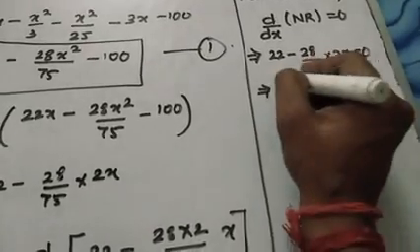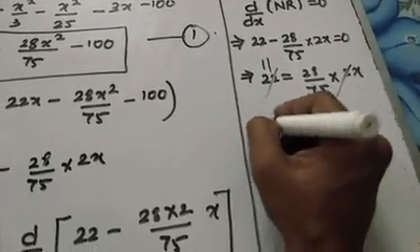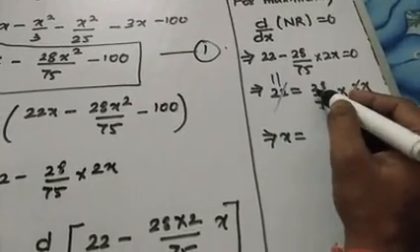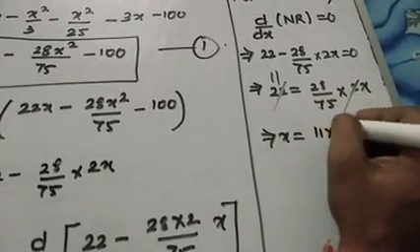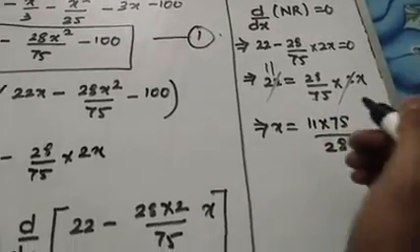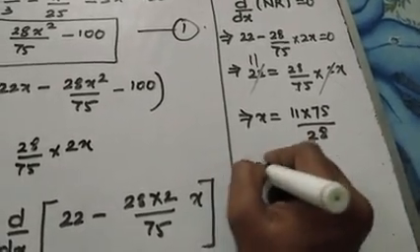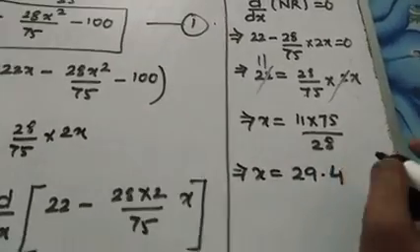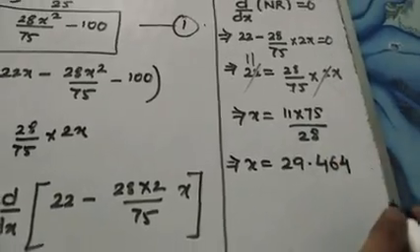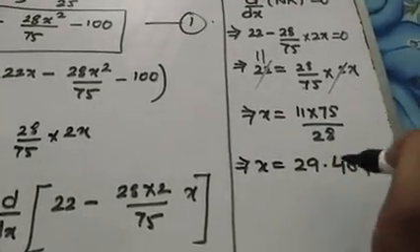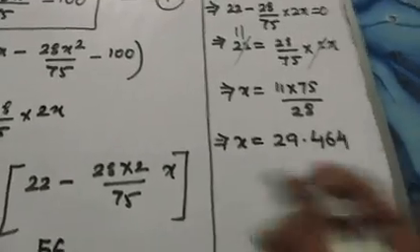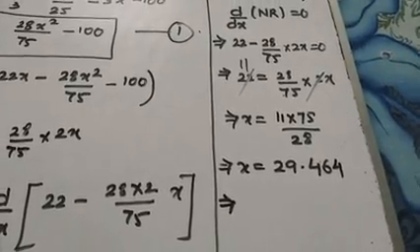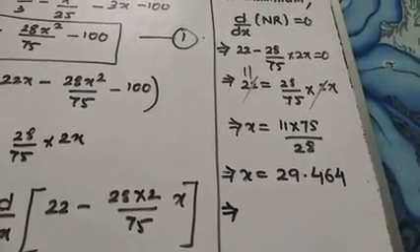Now 2 and 22, cancelling gives 11. Now finally what will be our x? Just do the cross multiply. 75 goes in the numerator and 28 will go in the denominator, that is 11 into 75 by 28. Now using the calculator you will find x equals to 29.464.